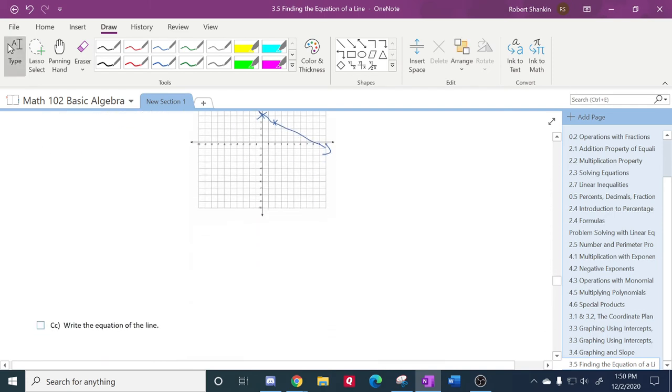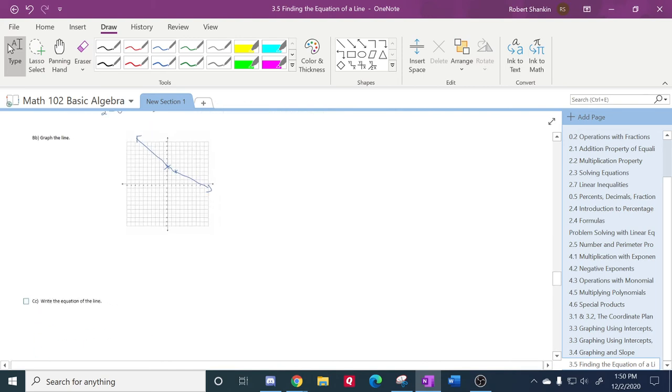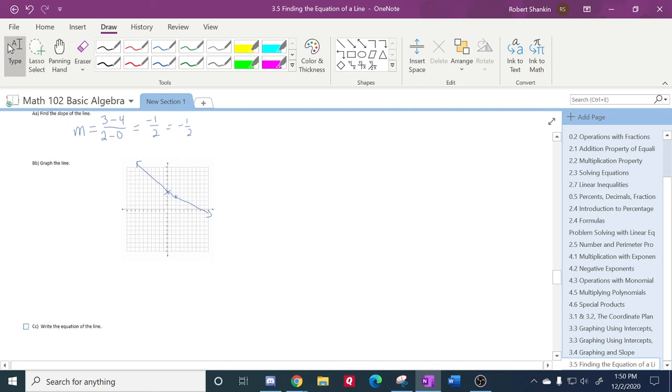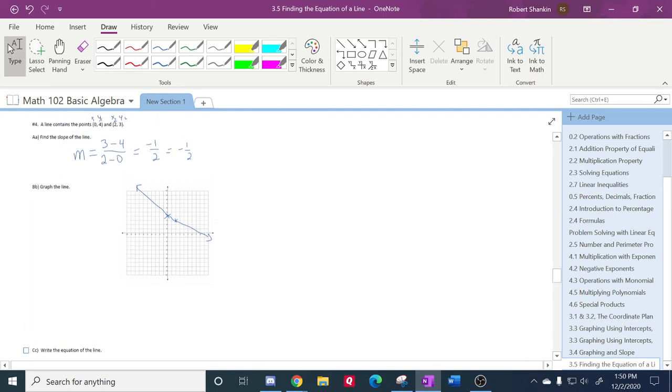Alright, now let's go down to the next one. Now it says, write the equation of the line. And I'm going to open the microphone to anybody. Anybody have a suggestion as how in the world can I write the equation of that line? I see it, but how do I write its equation?